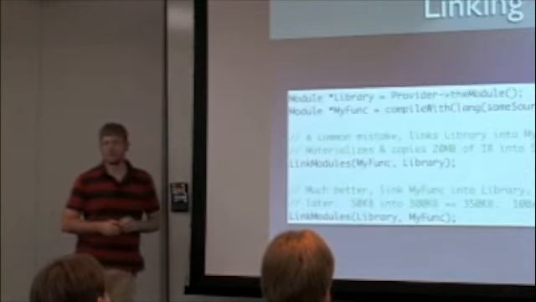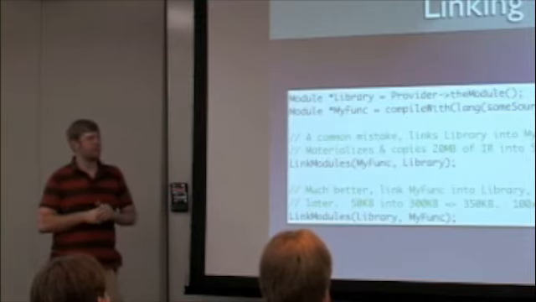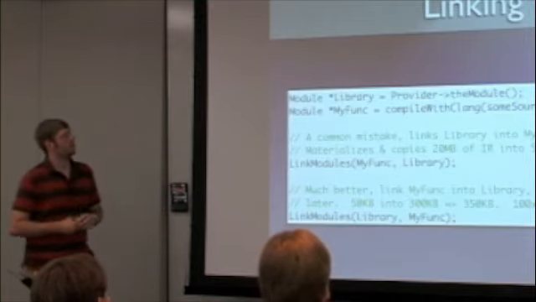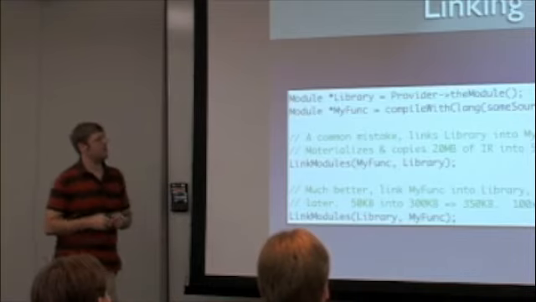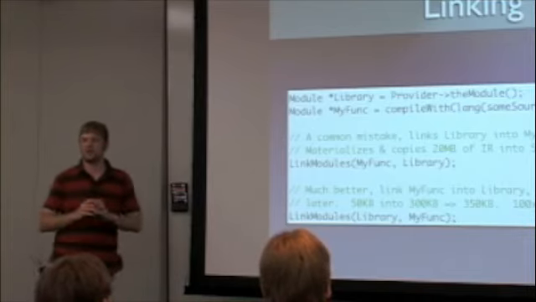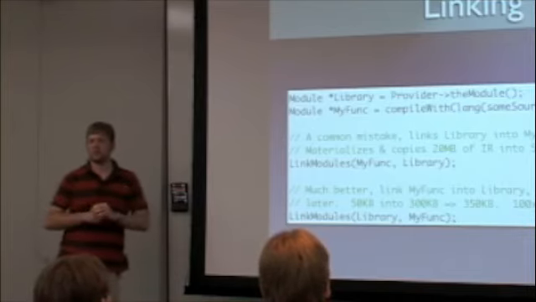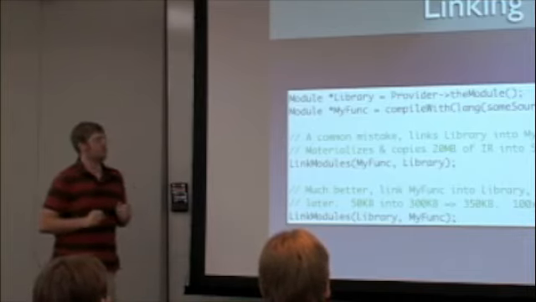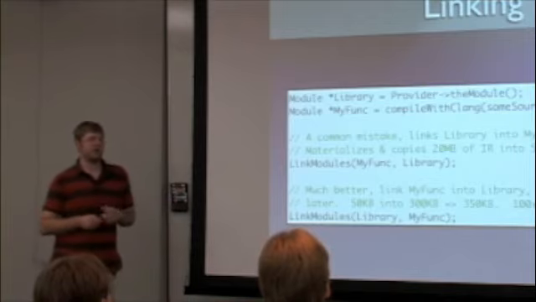So what does linking look like now? Well, it turns out that direction matters. So you can see here that our runtime library, when you call parse bitcode file on it, it dirties about 20 megs of RAM. That's a bunch, because it has 14,000 functions.